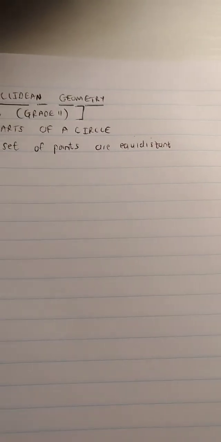What is a circle? A circle is a set of points. What about these points? Well, these points are equidistant. The word equidistant has to do with the points being of equal distance.